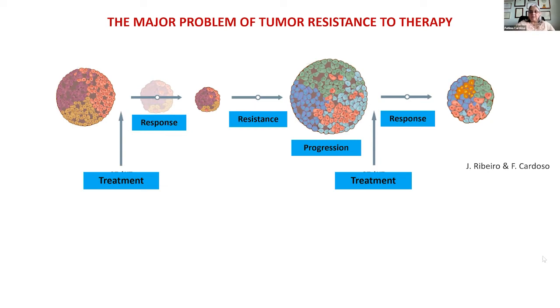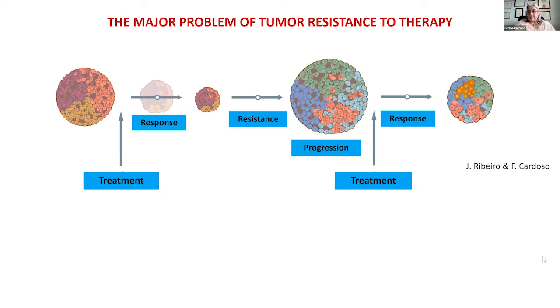I usually say that tumor cells are very intelligent, and they not only know how to hide from our immune system, but they also find a way to escape the treatment that we are giving. And this is what we call resistance. And so the tumor regrows, even if you're still receiving the treatment. And then it becomes bigger, and you see that it becomes even more heterogeneous, more complex, with more mutations. So this is what we call disease progression.